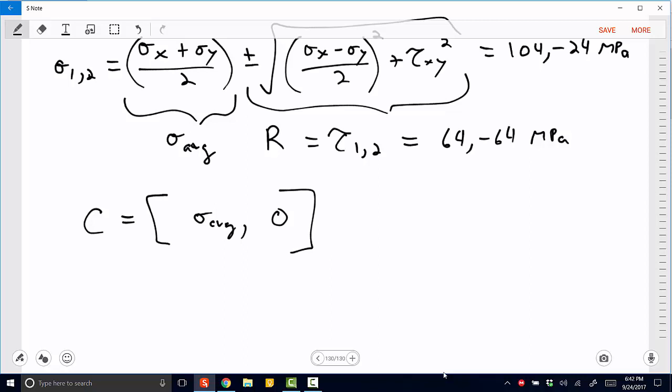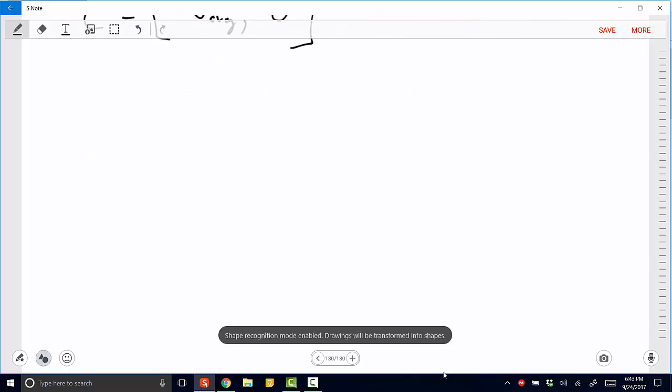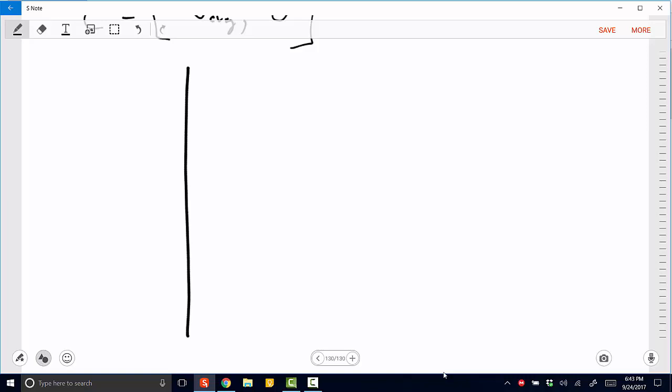So directly from our principal stresses and our extreme value shears, we can find the radius, we can find the center of our Mohr circle. So let's get started with the Mohr circle. Let's draw our coordinates.